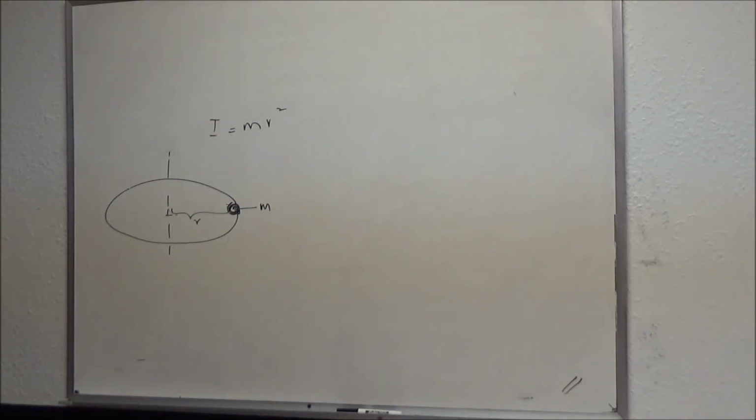Can you look at this? Right? I want you to only remember this. If an object is a particle, its moment of inertia is mr squared. If an object is a rod, it will be ml squared over 3. So you have to memorize this.